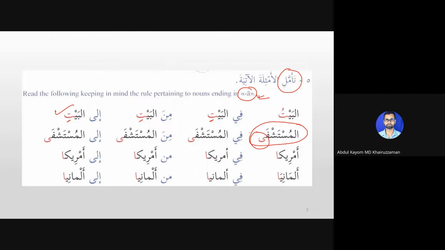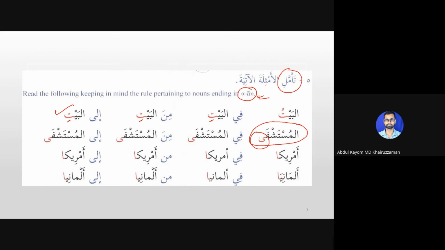So we read it al mustashfa. We don't read it mustashfai or mustashfi. Even if a preposition comes before it, we read it the same way: al mustashfa, fil mustashfa, minal mustashfa, ilal mustashfa.